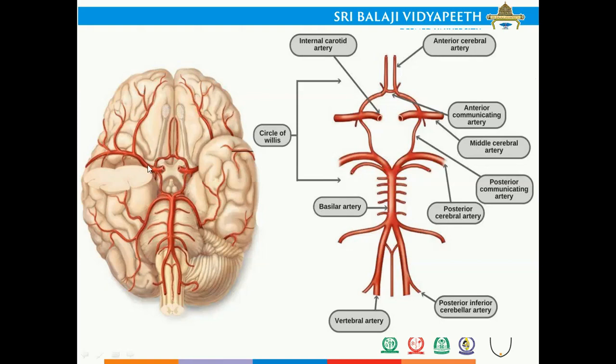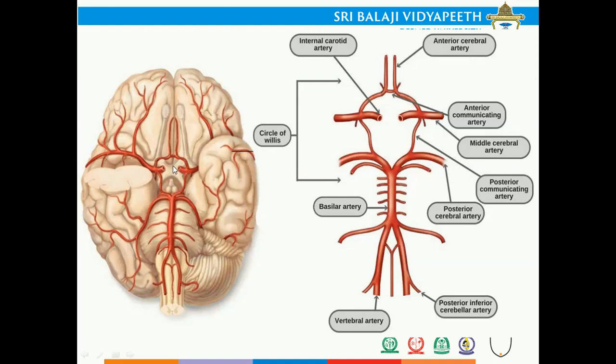It is located at the base of the brain, between the temporal lobes. See here, these are the temporal lobes bilaterally, and this is the cerebral hemisphere. This is the olfactory bulb area, and this is the optic nerve and optic chiasma. This is the pituitary gland area.